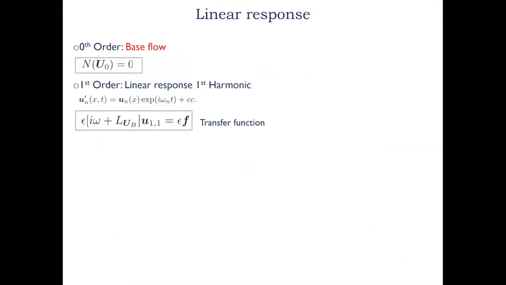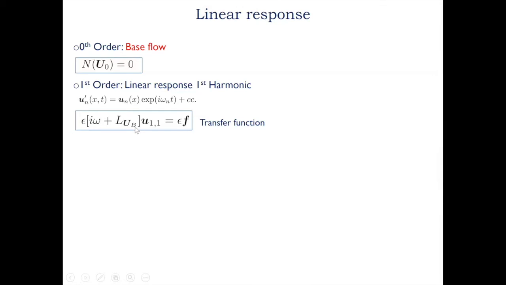At leading order, epsilon being small, there's no feedback of the perturbation, and so we get the base flow equation. And at first order, we get an equation which this time is not a standalone eigenvalue equation with omega an eigenvalue, but instead a forced equation which has an operator, which is a stable operator, but it has a forcing.